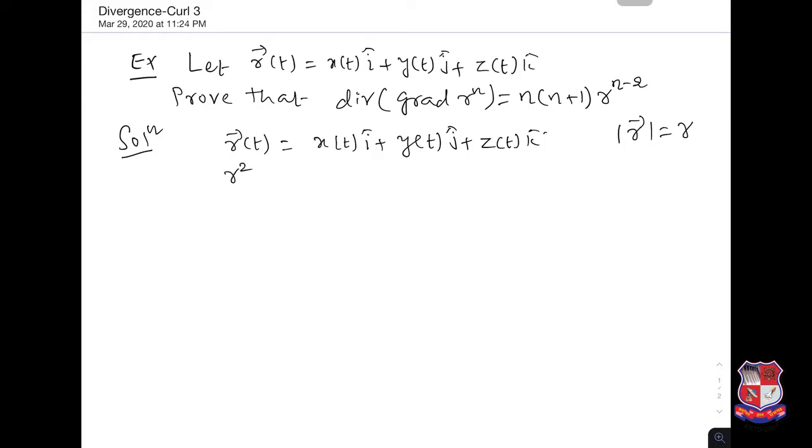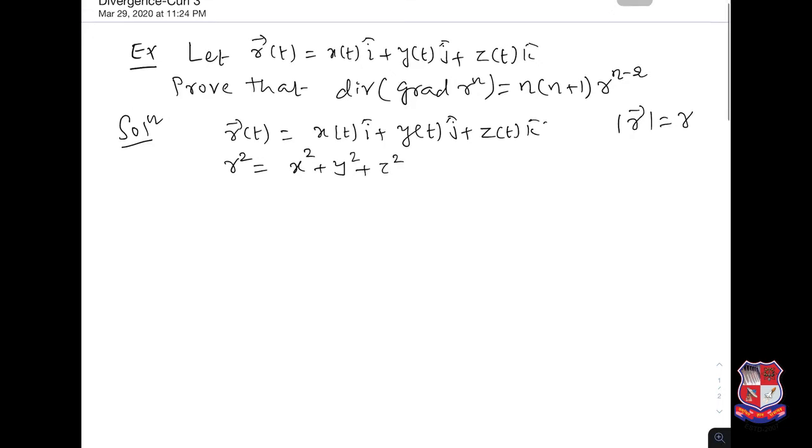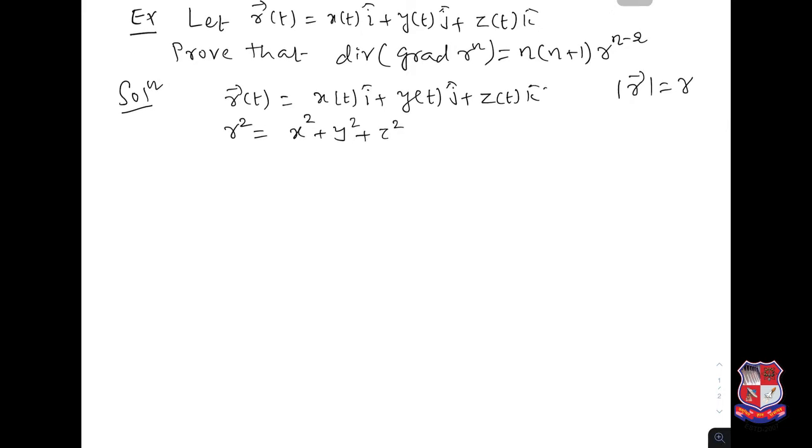And r square, r is magnitude of vector r, so r square equal to magnitude r square, and so that is nothing but x square plus y square plus z square. And we also need the differentiation of r with respect to x, with respect to y and with respect to z.